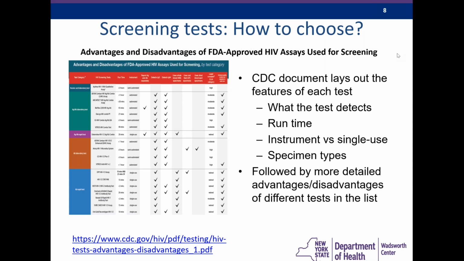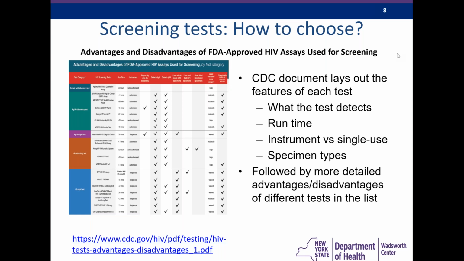And this can actually be accessed at the link at the bottom, but there's also a resource page that you all have access to, which will include this document as well.